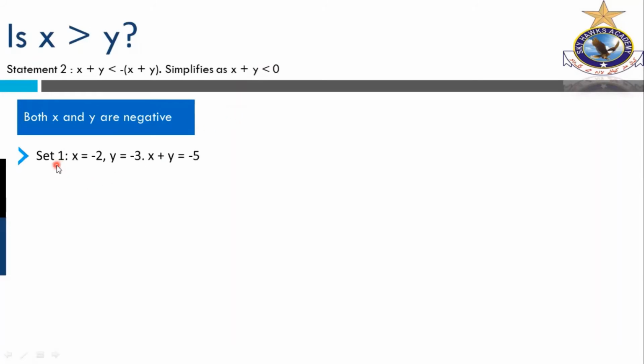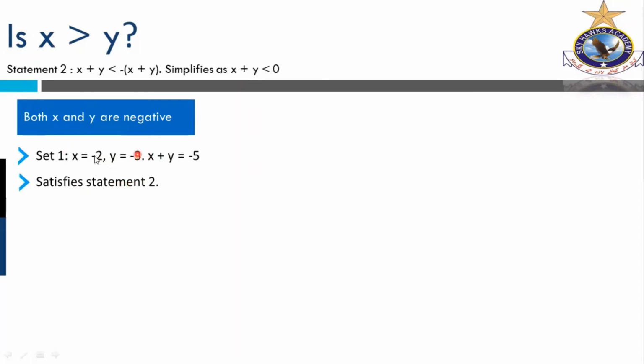So let's see, this is the hit and trial method. We are selecting x negative and y negative, so their sum is also negative. You can see this. We are selecting both x and y negative, and we are getting the sum negative also. This satisfies statement 2.